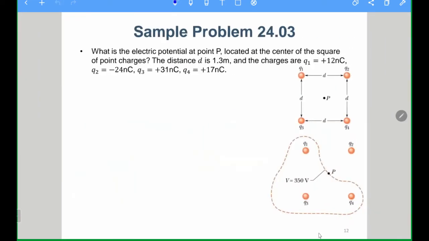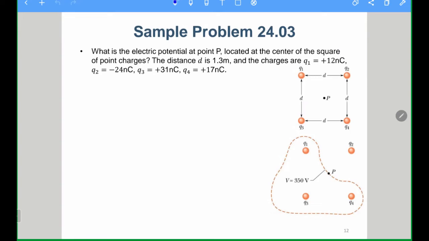Okay, so let's take a look at this sample problem. It says, what is the electric potential at P located at the center of a square of point charges? The distance d is 1.3 meters, and the charges are Q1, Q2, Q3, Q4.